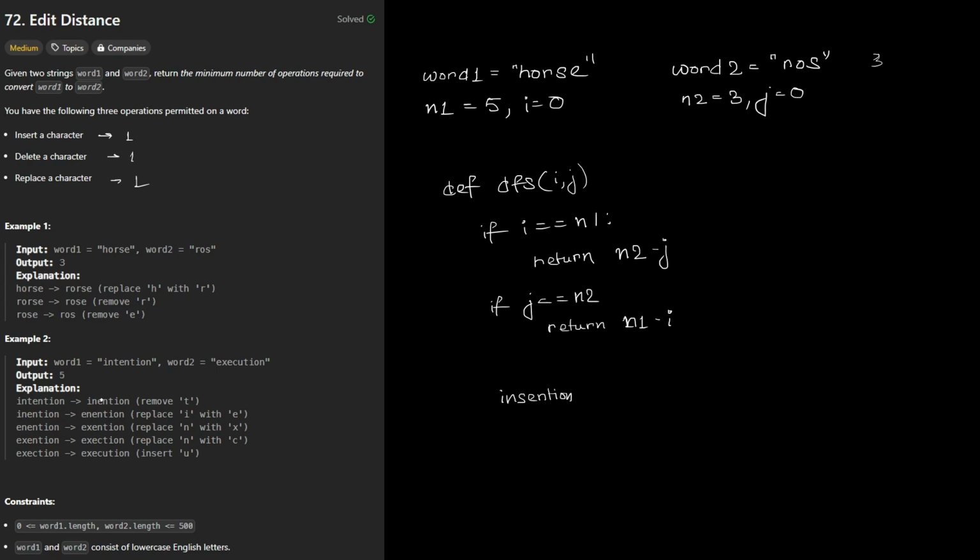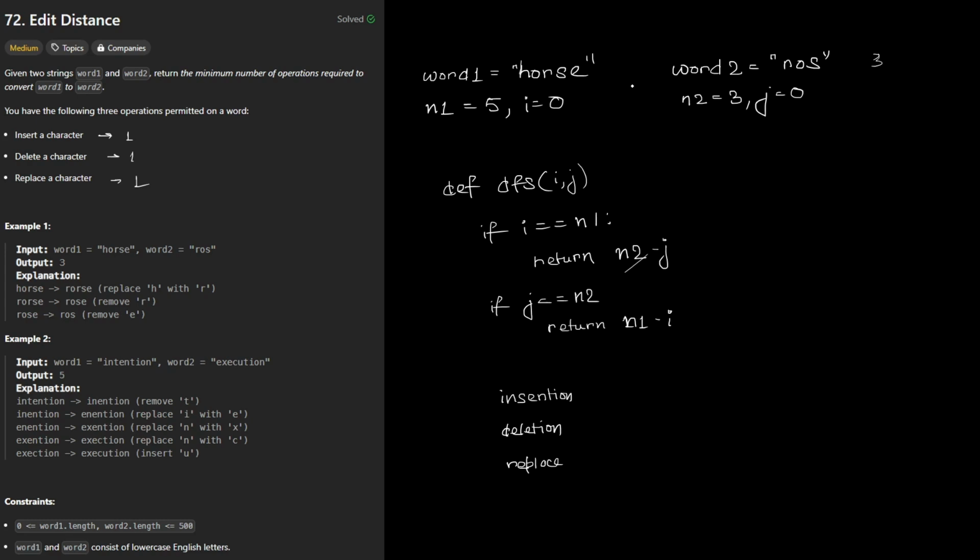Before that, let me do the insertion, deletion, and replace. Currently we are at h, and this is at r. So one way is I can replace h with r.